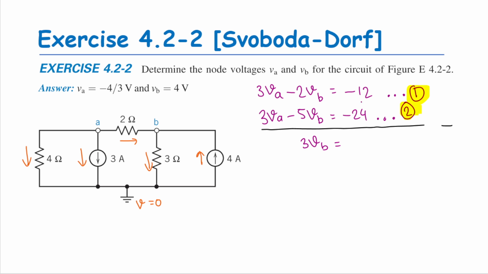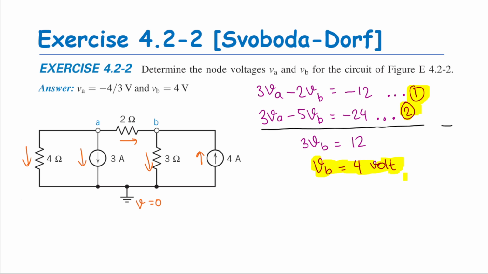Okay, and then minus 12 plus 24, that should be 12. And therefore, our VB here will be 12 divided by 3, that should be 4 volt. Okay, and I think we got our first answer here, which is VB is 4 volt.